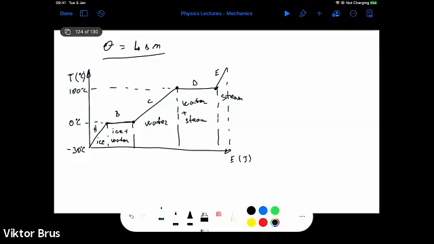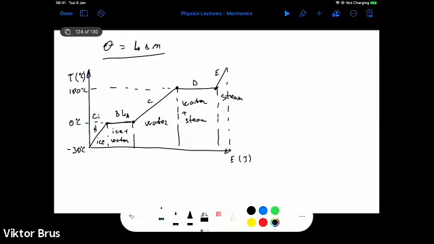Here the process will be defined by the specific heat capacitance of ice. Then here we will have latent heat 1, of conversion of ice to water.